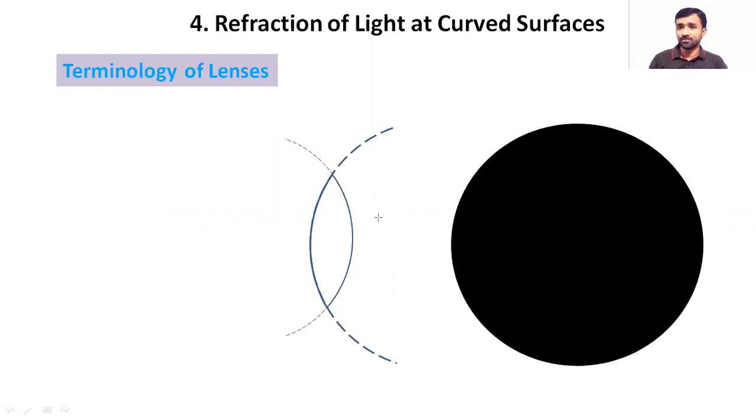I have a sphere. Can you see that? I have a sphere which I have drawn in black color. Now I am trying to cut this into different parts. I'll make a part as you see here, and I'll make another part.